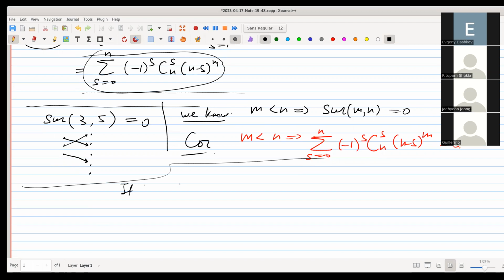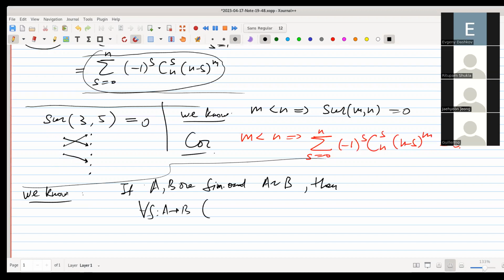You know, or at least you should know, that if A and B are two finite sets of identical sizes, then any function from A to B is what?